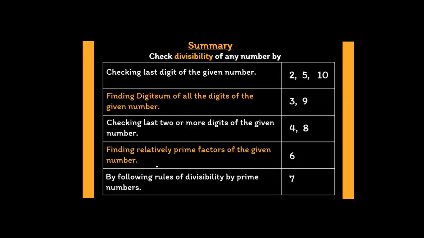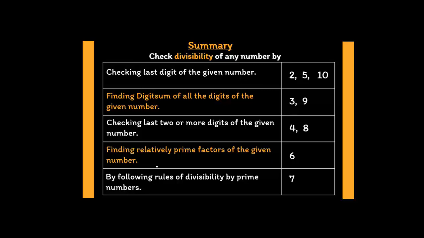Now the summary. I haven't written detailed steps of the summary because we have already done that while practicing. I have just categorized these numbers according to some properties. For example, 2, 5 and 10. To check divisibility by these numbers, you just need to check the last digit of the given number. And for 3 and 9, you need to find the digit sum of the given numbers.